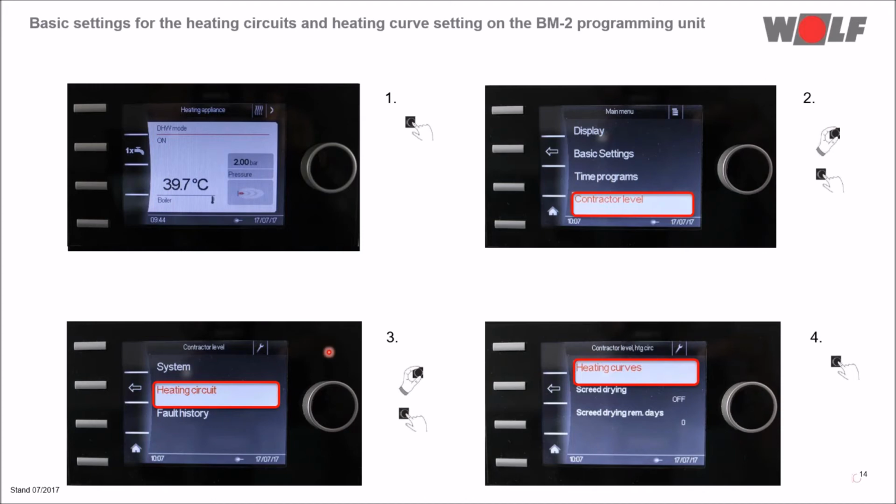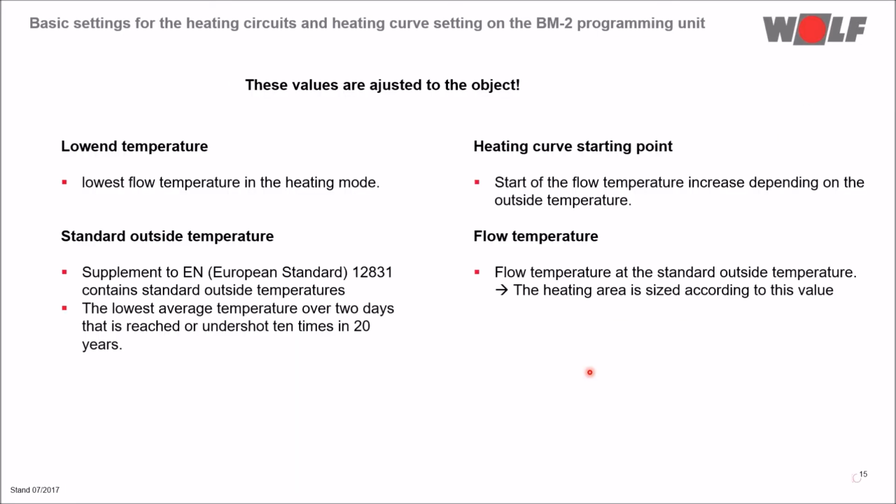The code is 1111. In this example, we are looking at the heating circuit. Please select the heating circuit and then the heating curves. 4 values are now requested, which must be set to match the application. To begin with, the low-end temperature.